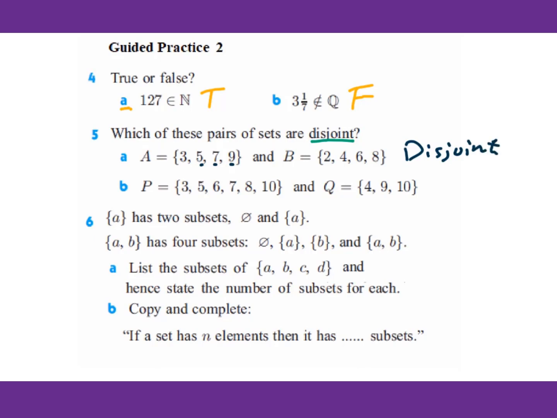For B, P equals 3, 5, 6, 7, 8, 10. Q equals 4, 9, 10. Because 10 is the common element for both sets, they are not disjoint sets.